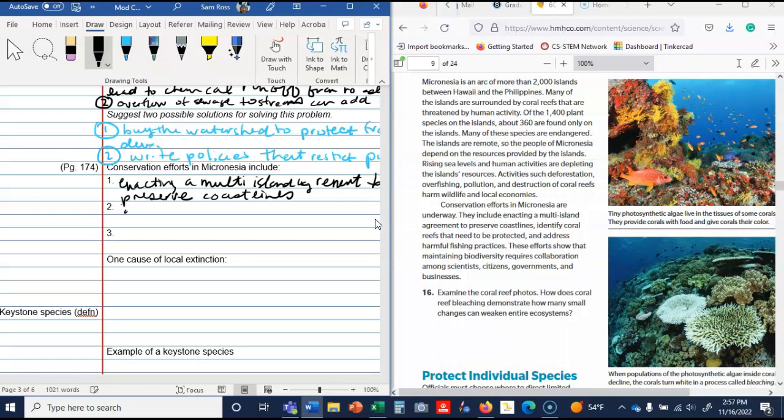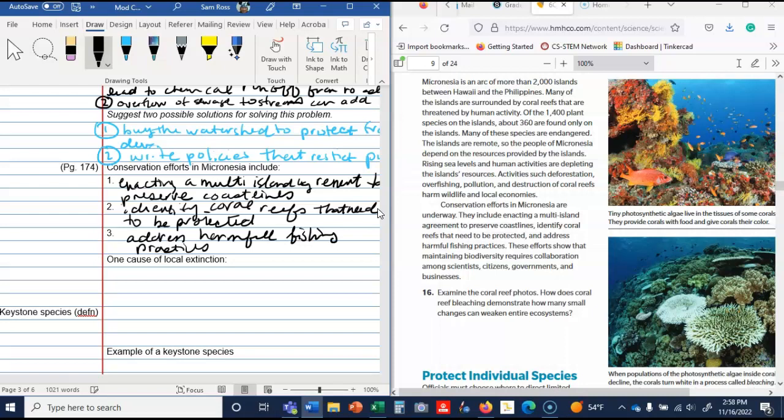Number 2, identify coral reefs that need to be protected, and then address harmful fishing practices. Those are the 3 conservation efforts in Micronesia.